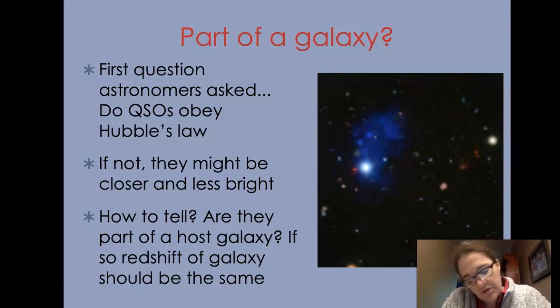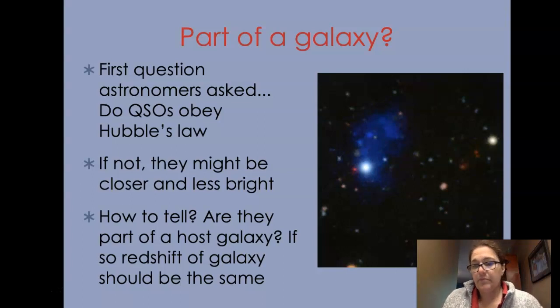So one of the first questions is, do QSOs obey Hubble's law? Do the redshifts really mean that they are as close or as far as the redshift suggests? Because if the redshift is wrong, then they could be closer and therefore they would not be as bright. So how do we even tell if the redshift is correct?